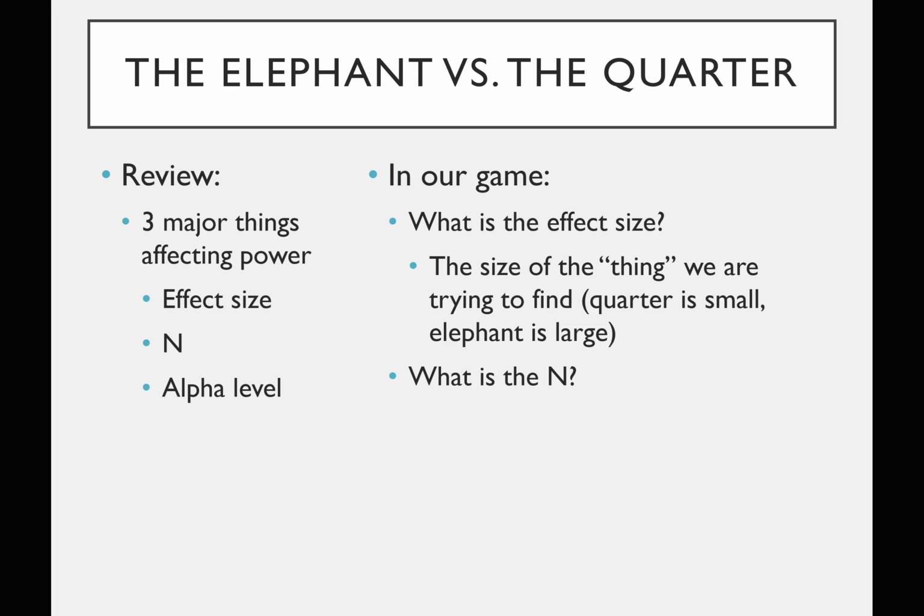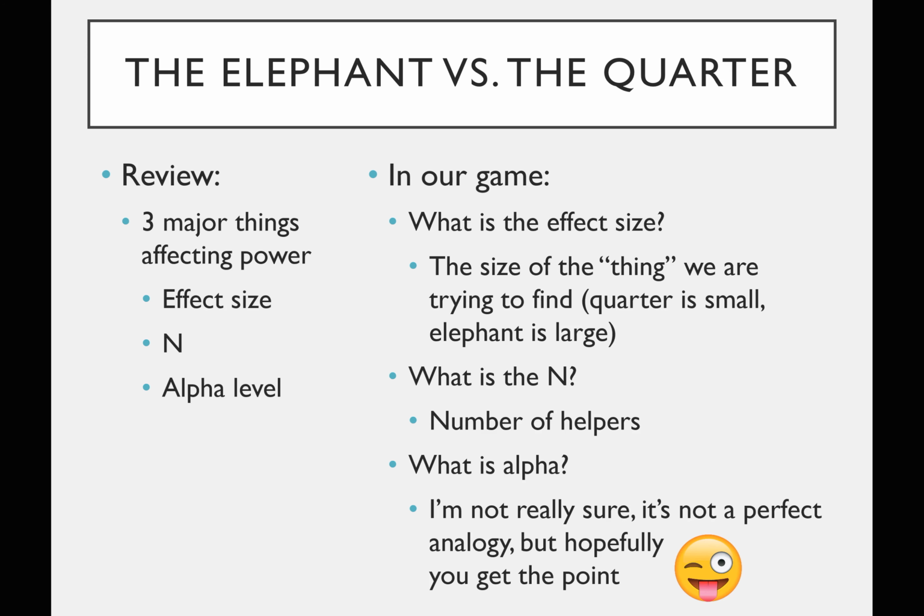The N is sort of like, how many helpers do you have helping you, right? So if you have more people in your sample, the more likely you are to see the effect. Just like if you have more people helping you look for that thing in the field, you're more likely to see it, right? Your power goes up as your N goes up. And finally, what is our alpha?